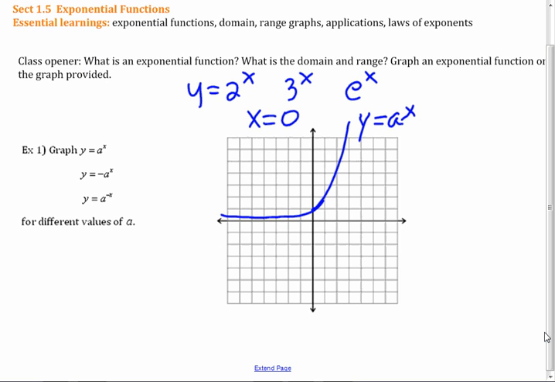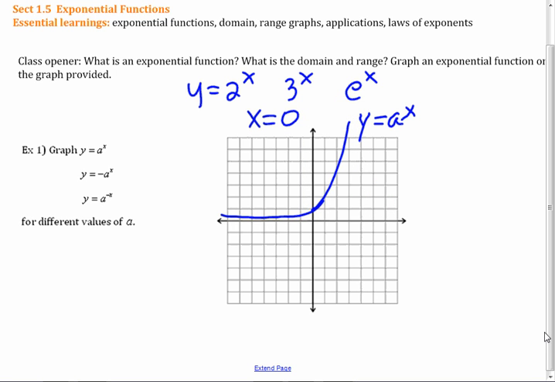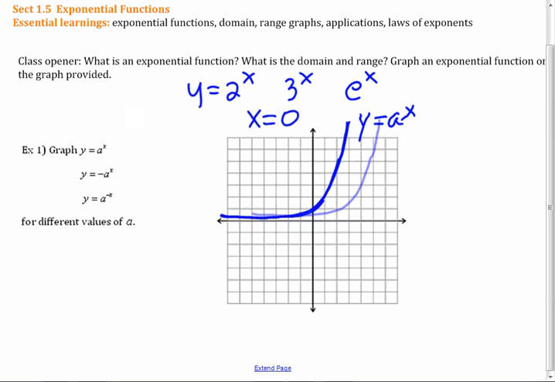What about the second one, minus a to the x? I'm going to take this out, and minus flips it over what?